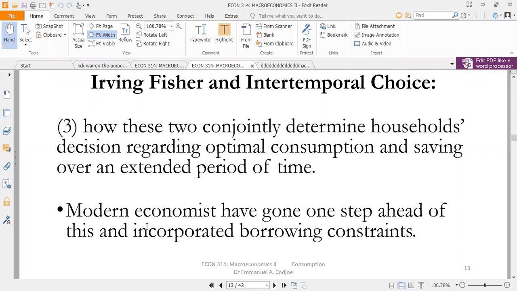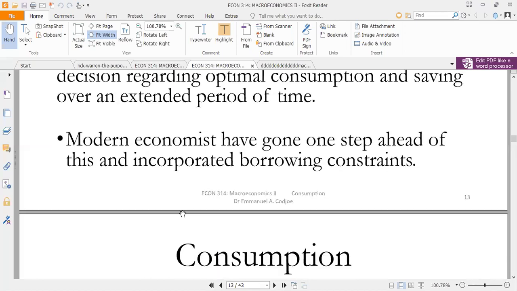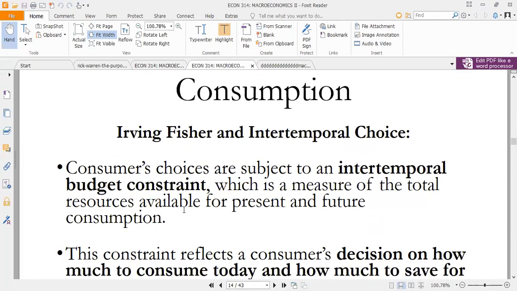If we don't allow the consumer to borrow, what can this consumer do? Okay, you are only able to consume more than your income because you are able to what? To borrow. So what if we say that you cannot borrow any longer? What is going to happen to the intertemporal choice? So later on, we will look at that constraint too.